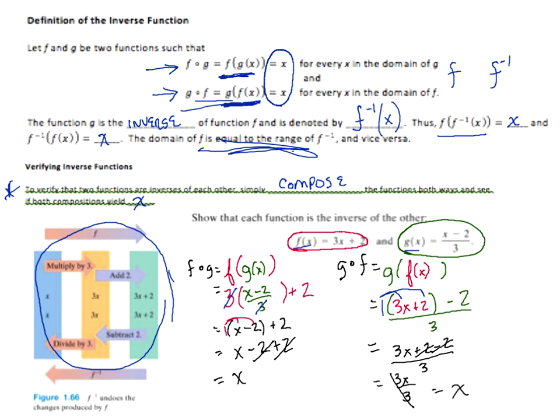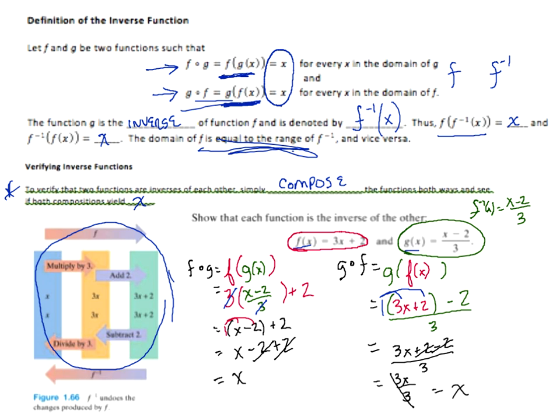Now that they have composed both ways, and I got x both times, it is now that I can say these functions are inverses of each other. So at this point, since I called the red function f of x, I can call the green function now, instead of calling it g of x, I can say that f inverse of x is equal to x minus 2 over 3.